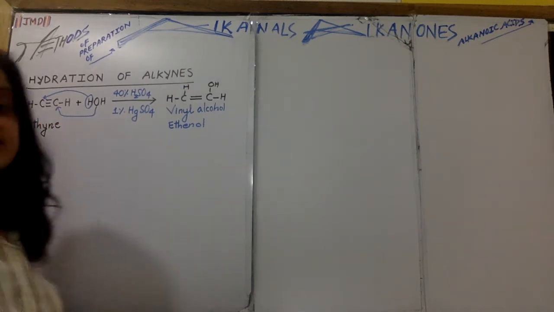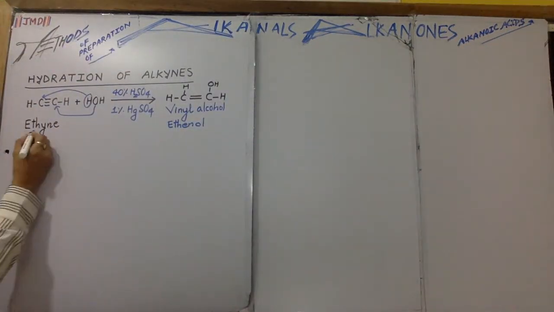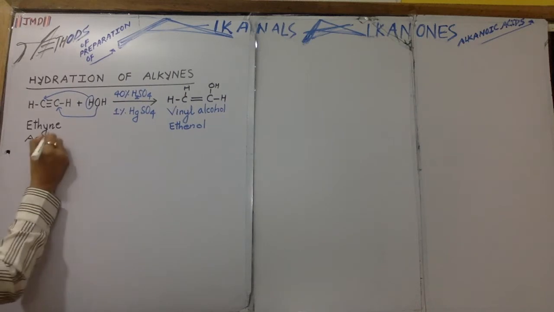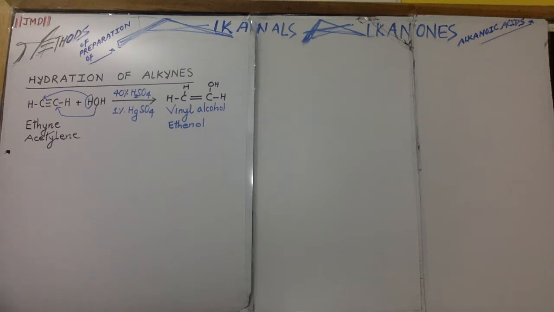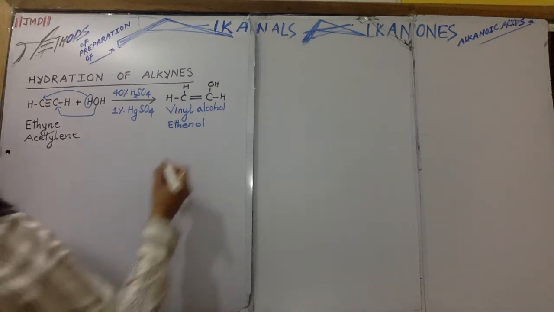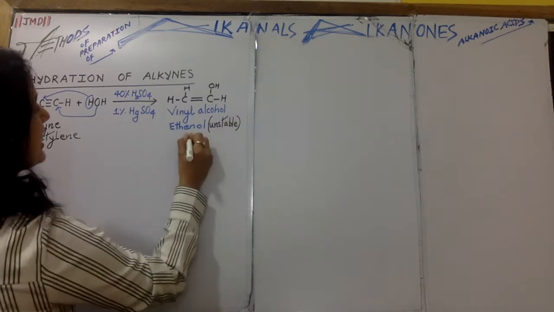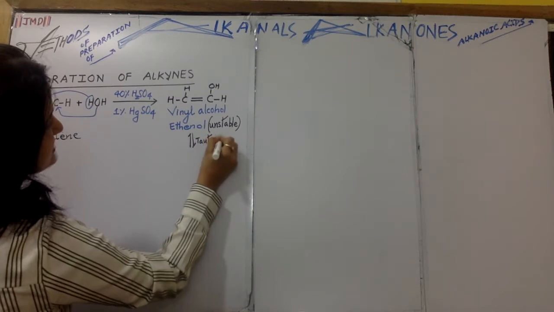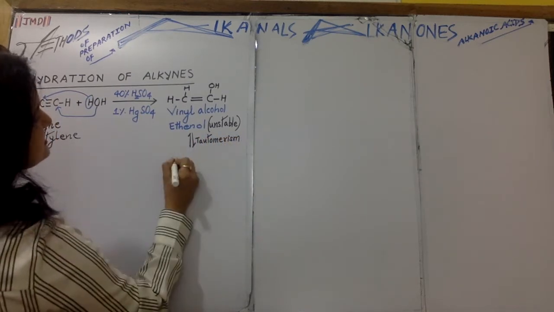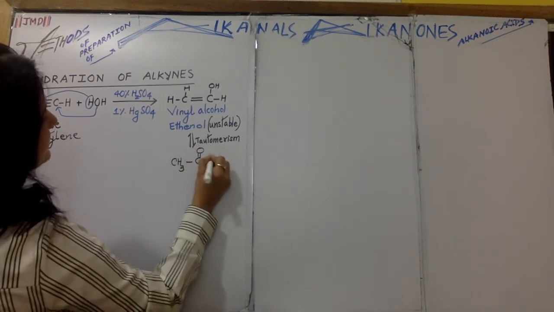We also call it acetylene. So this is a molecule of acetylene, and now immediately this vinyl alcohol, which is unstable, will tautomerize to acetaldehyde.